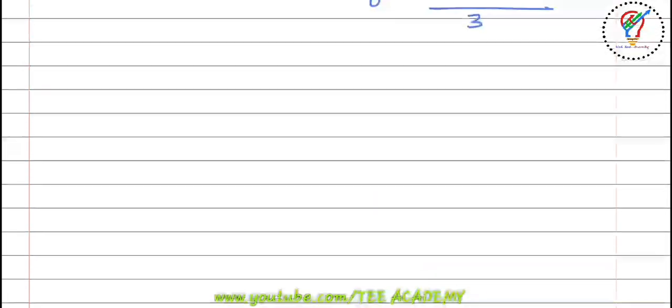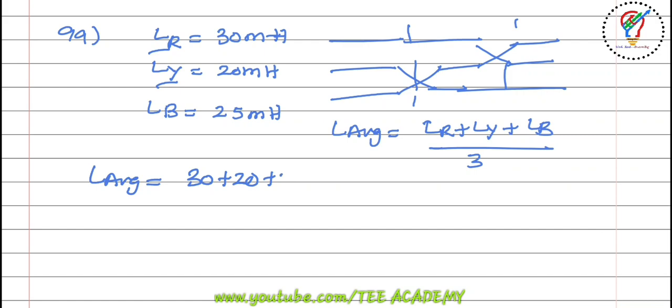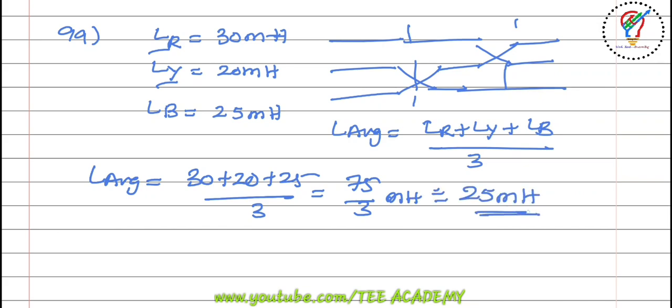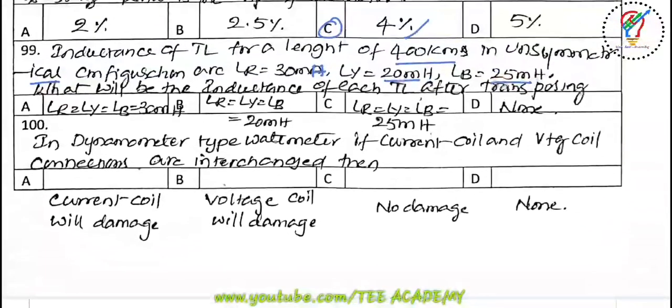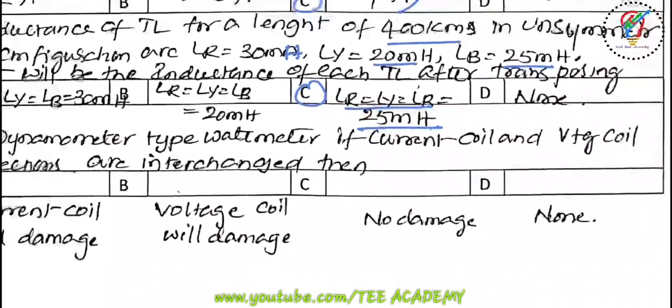We need to find the average value, right? L average will be equal to 30 plus 20 plus 25 divided by 3, which is 75 by 3 millihenry, nothing but 25 millihenry. So for the 99th question, it will be 25 millihenry. So C is the correct answer.